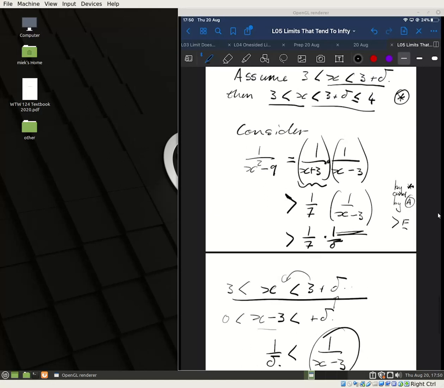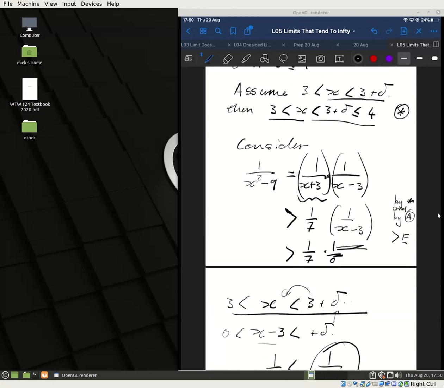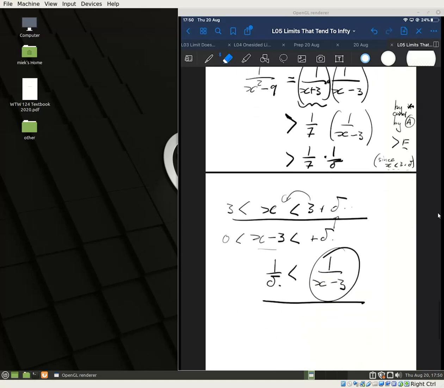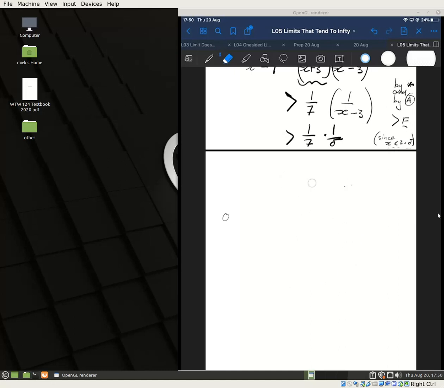And this follows from x being less than 3 plus delta. And if you rework this, you can get from here to there. Okay, and now we see here how we should choose our delta to get e.